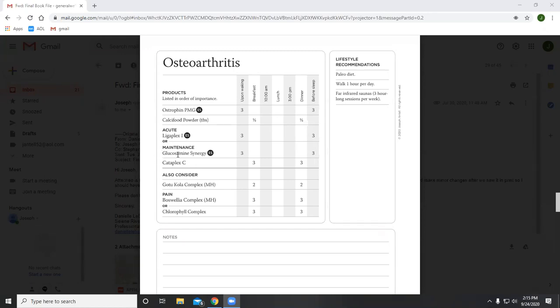And then I spoke at length on Cataplex C, not ascorbic acid. You cannot help clear osteoarthritis, osteoporosis, or any collagen condition wherever it is with ascorbic acid. You have to have the full vitamin C complement. Because as I said on Tuesday, it literally helps with the tightening of those protein bonds.